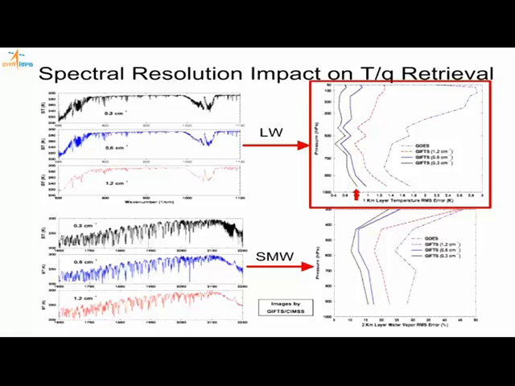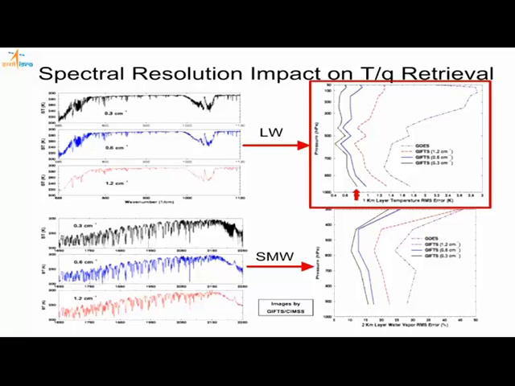If you further improve the spectral resolution to 0.3 centimeter inverse, which is the case of the hyperspectral sounder on the Metop satellite, the accuracy of the atmospheric profile we can retrieve is about 0.5 K throughout the atmosphere. So we have improved the temperature profile from multispectral sounder to hyperspectral sounder.